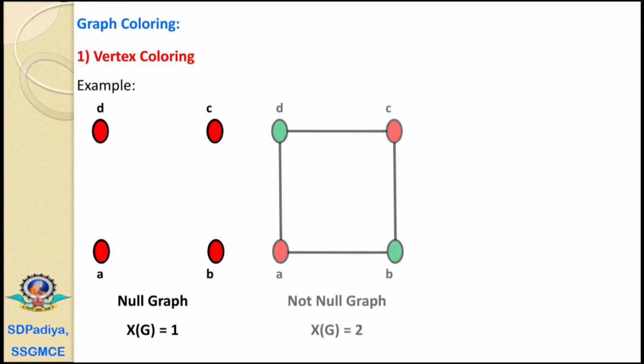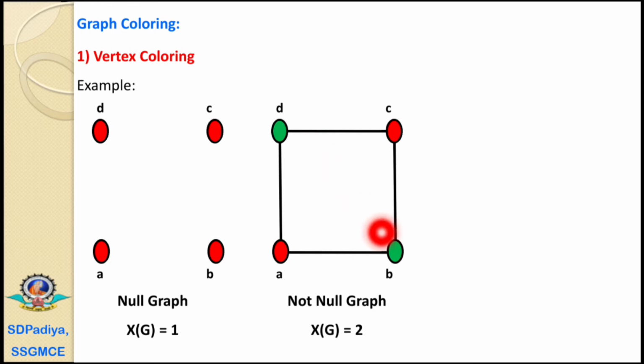The second is an example with 4 vertices A, B, C, D and 4 edges: AB, BC, CD and DA. Now here, if we start from the first node A, then we define the first color red. Now A is connected with node B and node D. Therefore, we cannot define the same red color to node B and node D. Therefore, we have defined green color to node B and to node D, because node B and node D are not adjacent.